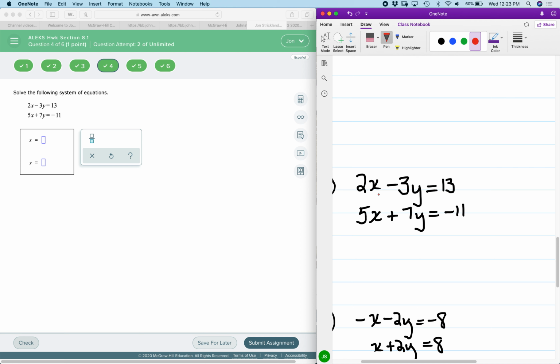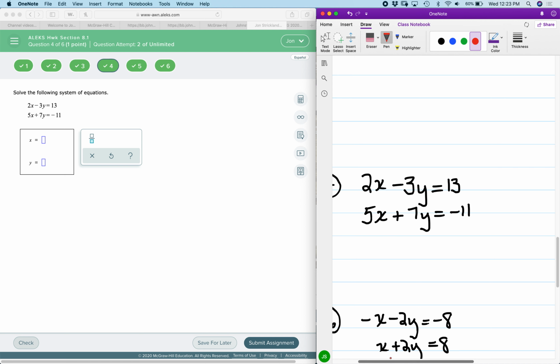We'll solve for y, so we'll devise a way to cancel out what we have for x. Think of it like the least common multiple of both 2x and 5x, which would be 10x. I'll make 2x into a 10x and 5x into a negative 10x, so I'll multiply the first equation by 5 and the second equation by negative 2.